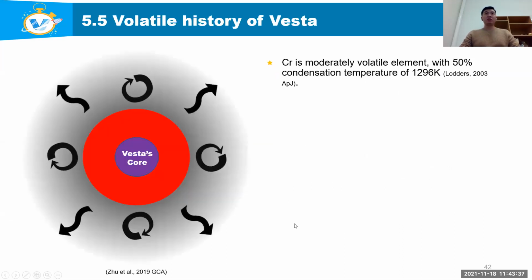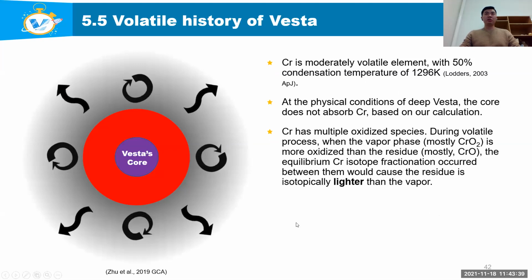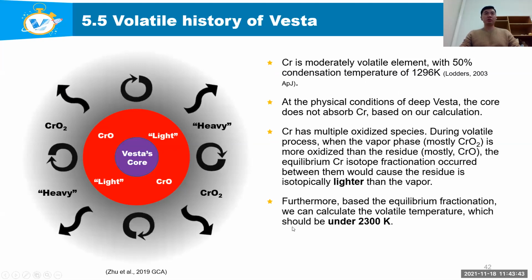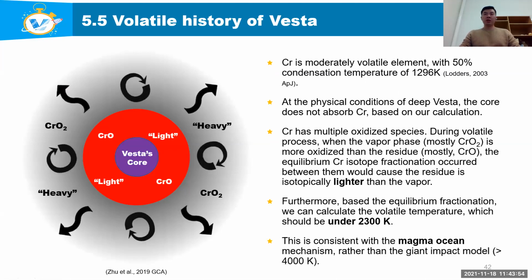And this story is similar to the Moon and the difference between Earth and the enstatite chondrites. And this chromium equilibrium isotope fractionation should happen at a relatively low temperature, maybe under 2,300 Kelvin. So this is consistent with the magma ocean mechanism rather than the giant impact model for the volatile depletion of Vesta.